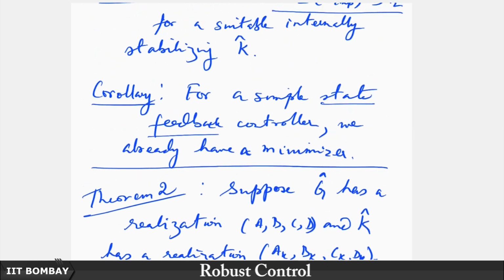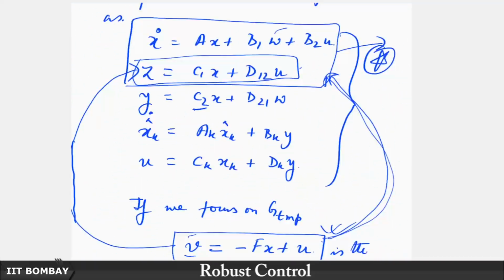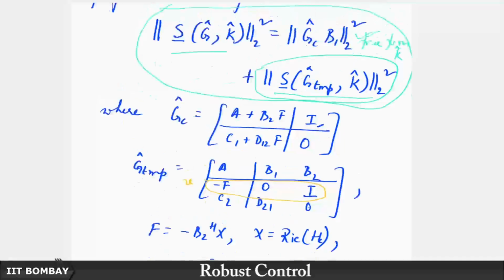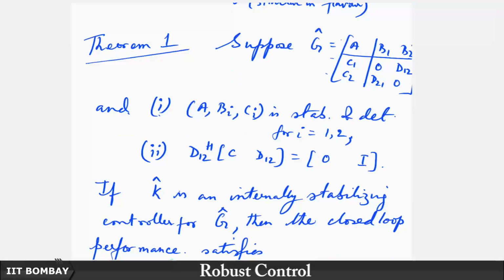But the even bigger result, or the more important result that we saw prior to that, we will not go through the proof because we have spent considerable time on it. But even the main result actually takes quite some time to digest because it has got so many of these things. So let us quickly recapitulate what these subparts or these clauses entail. You have a standard system given like so, which is G hat, as you can see here.